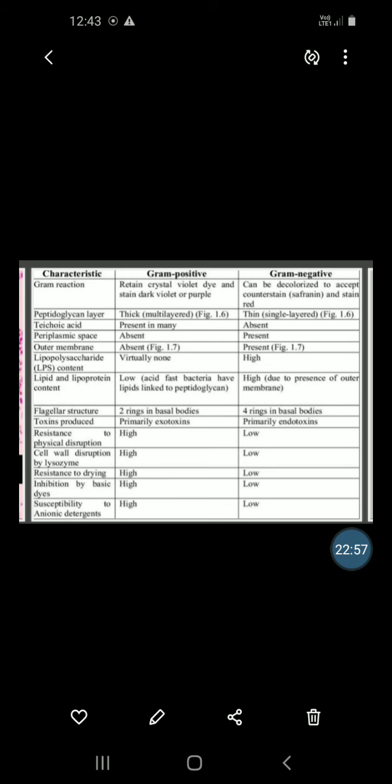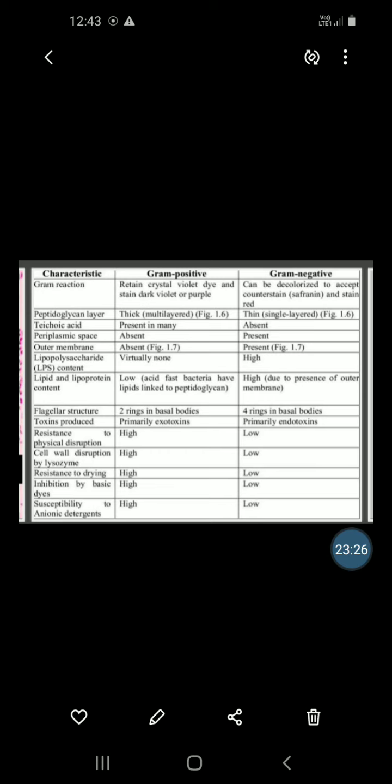Then peptidoglycan layer, in gram-positive it is a thick, multi-layered, and in gram-negative it is thin or single layered. Then teichoic acid is present in gram-positive and absent in gram-negative. Then outer membrane is absent in gram-positive and present in gram-negative.